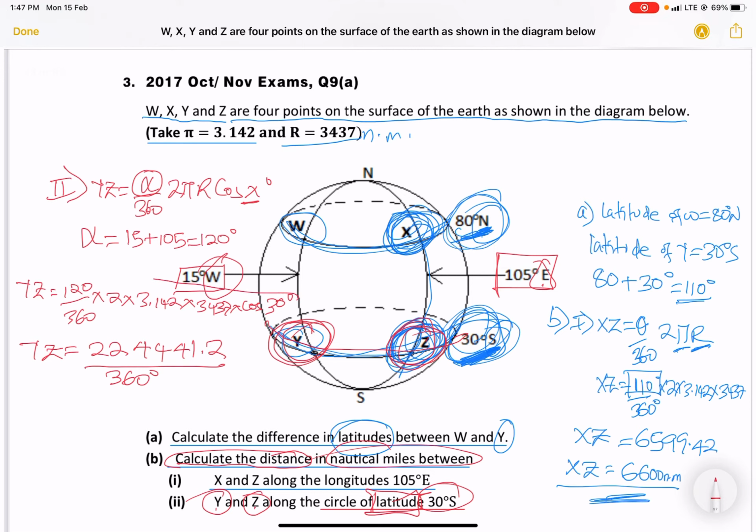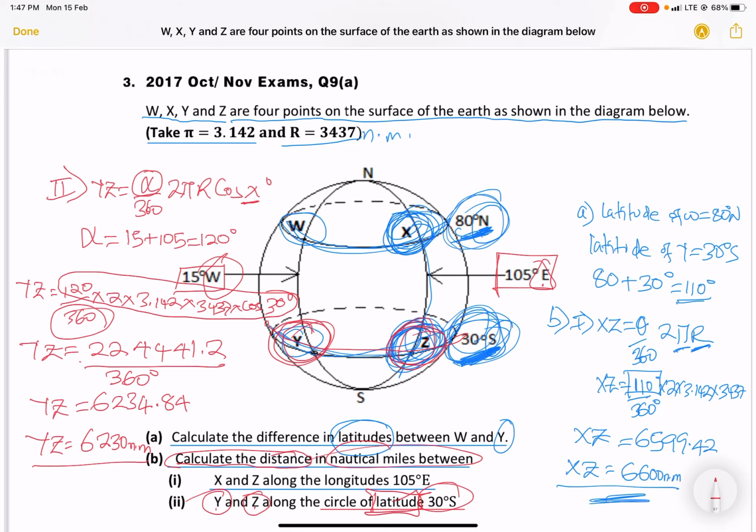So we have multiplied all these and they've given us what is on top there, but over 360 degrees. When you divide that, it gives you 6,234.84, which you can round off as 6,230 nautical miles.